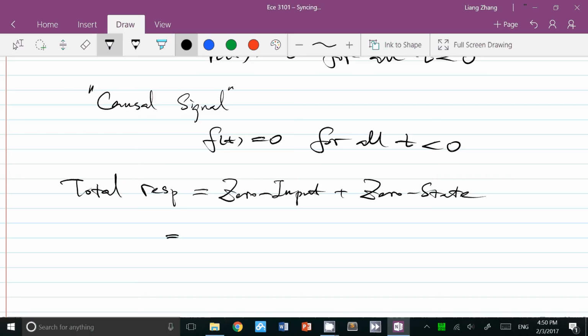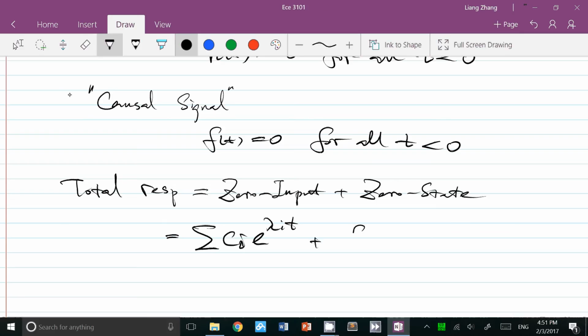The zero input response should take a form like this: a bunch of exponential signals with the Ci's calculated based on initial conditions.